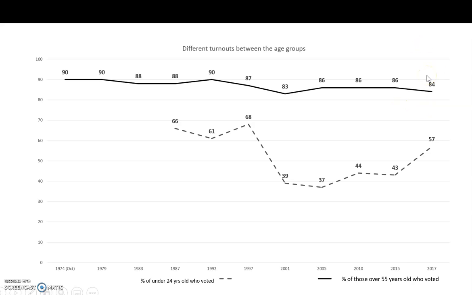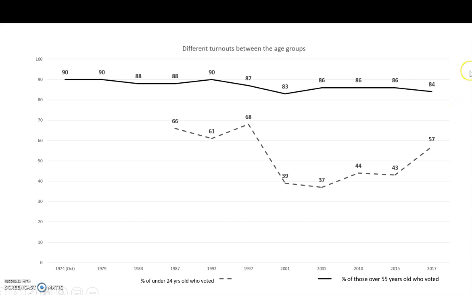I don't have the figure for 2019, but I can't imagine it being particularly different, maybe a percent or two higher or lower, but I imagine it's in the mid-80s. So basically, old people vote, and older people tend to vote Conservative. That may very well explain why the Conservatives do so well in many general elections.